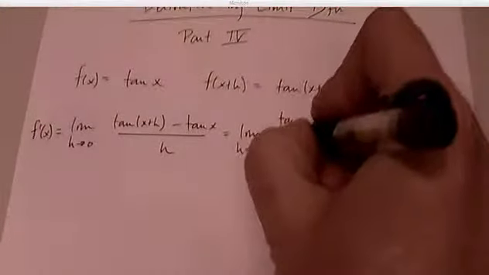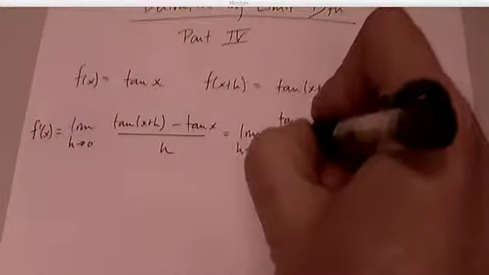Now, we know that 1 plus tangent squared is going to be, anyone? Secant squared. That's one of your Pythagorean identities. Okay? But what I'm also going to do as I simplify is take that and break it apart and turn it into sine h over h times 1 over cosine h times secant squared x over 1 minus tan x tan h.